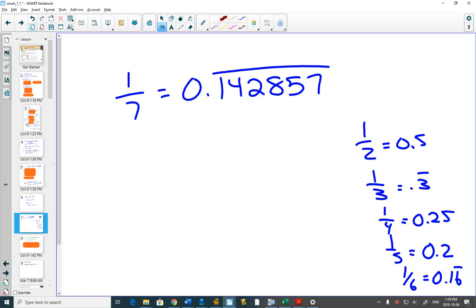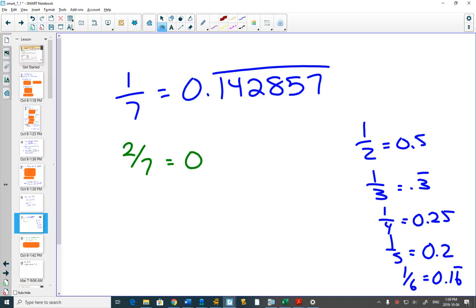And then what's really cool about your 7ths, in my opinion, because it's my favorite fraction, I'm going to tell you what 2/7 is and what 3/7 is. And then you're going to, without your calculator, tell me what 4/7 is.